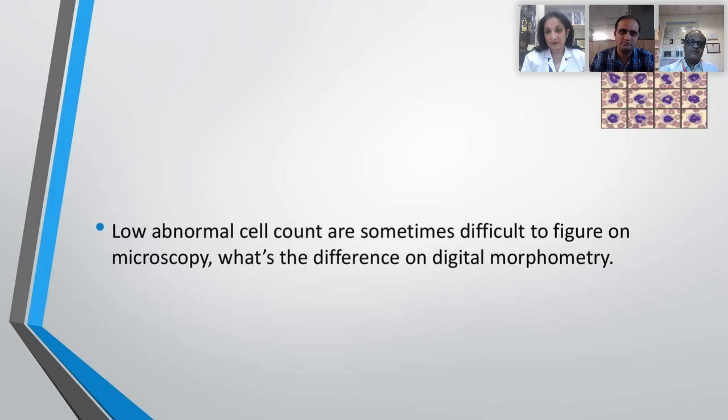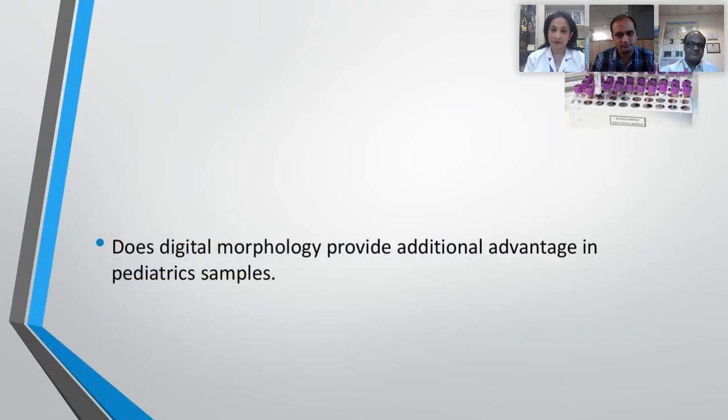So the taste of digital morphometry should be experienced once, and only then will you come to appreciate digitalization. Of course, low abnormal cell counts are difficult to find on microscopy, but it definitely helps in our standardized digital morphometric experience. Absolutely, sir.